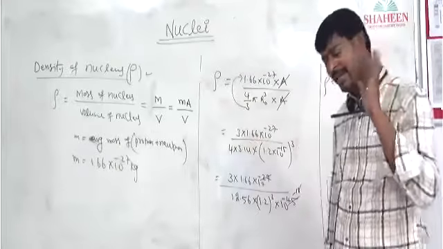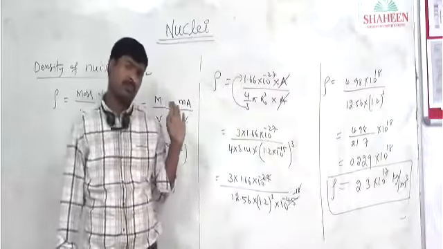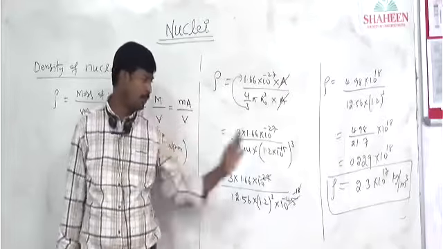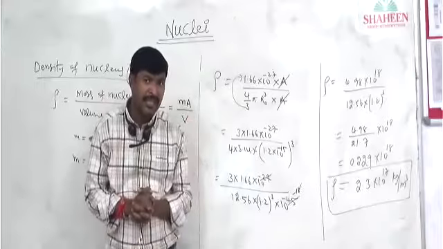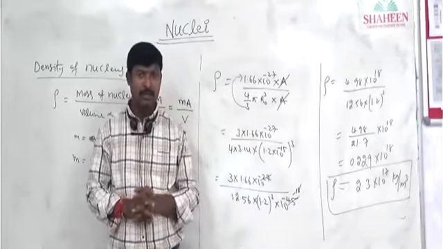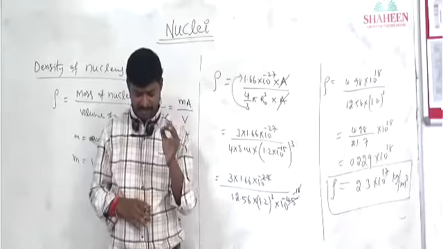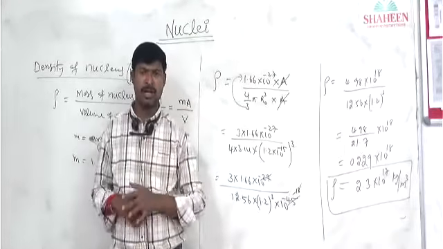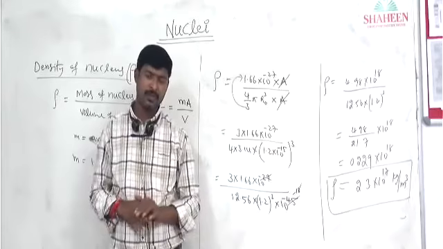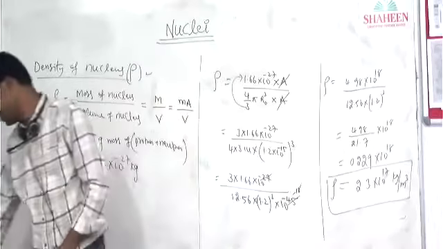Now, can I say, a simple logical question I am asking, based on it: what is the ratio of the density of helium nucleus to carbon nucleus? What is the ratio of that?